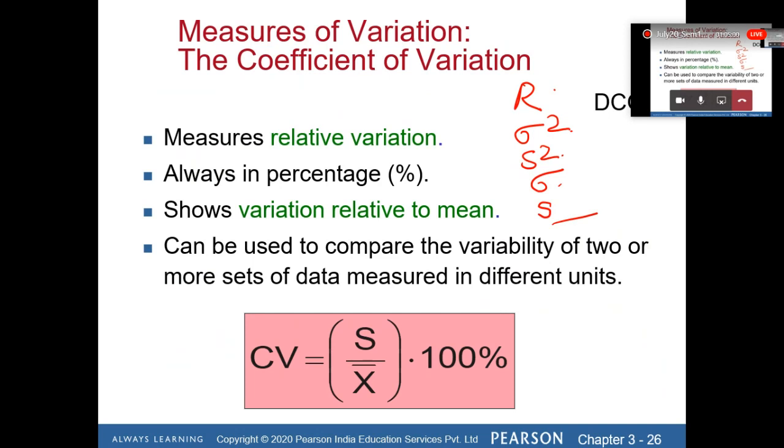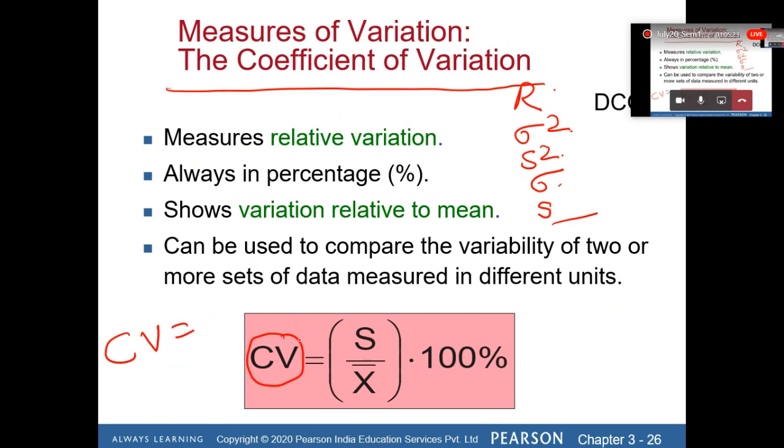Now the last type of measure of variation being discussed in this unit is the coefficient of variation. Please note down, all of you. Very important term, coefficient of variation, not so difficult. Coefficient of variation is represented by the symbol CV, and it is nothing but a ratio.